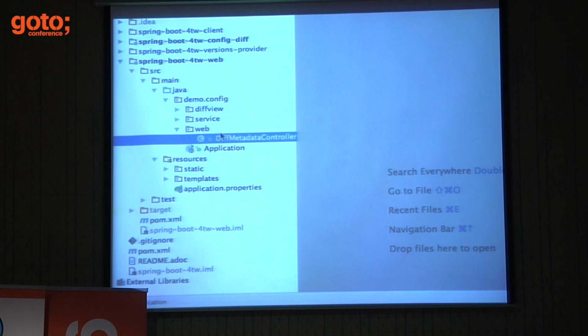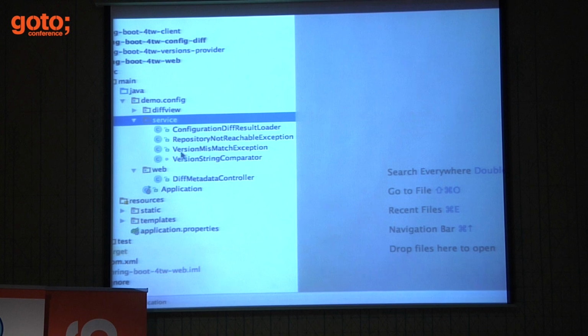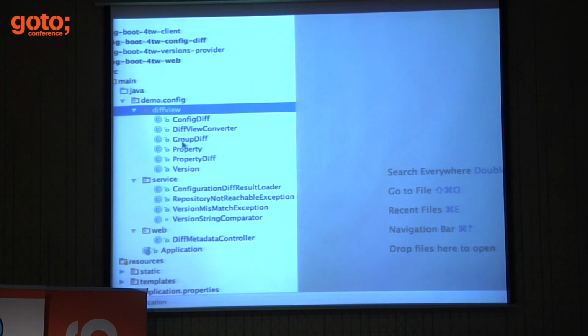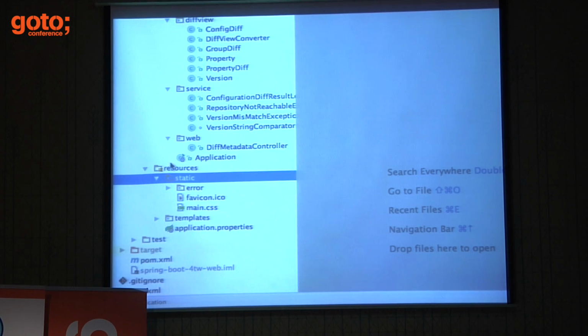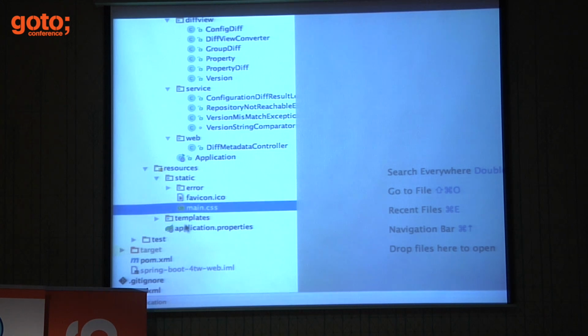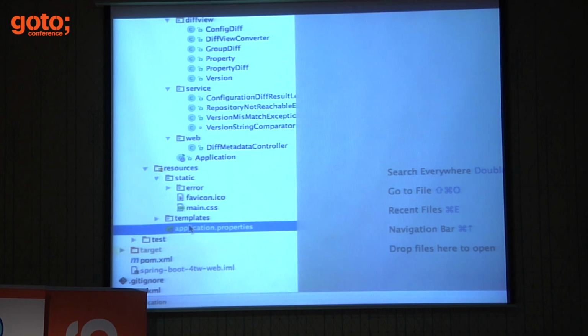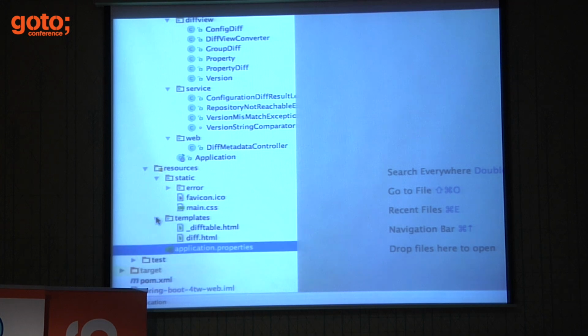We've got web MVC controllers, services, and POJOs to deal with our data. Because it's a Boot application, we also have a resources folder, with static resources, our application.properties file, we'll talk about it, and also templates, because here we're using a template engine. So this is the kind of layout and experience we have so far.